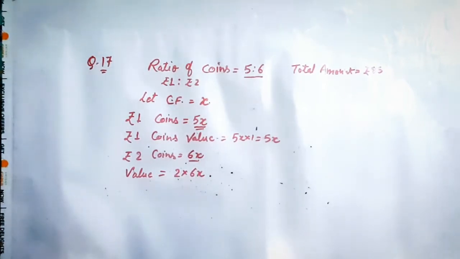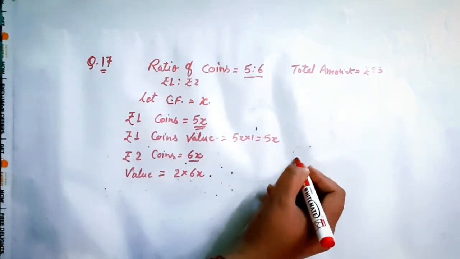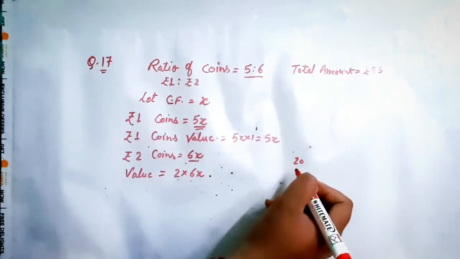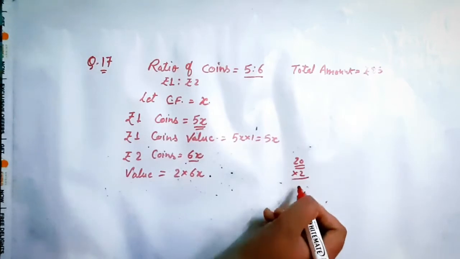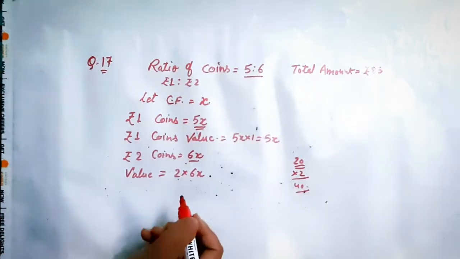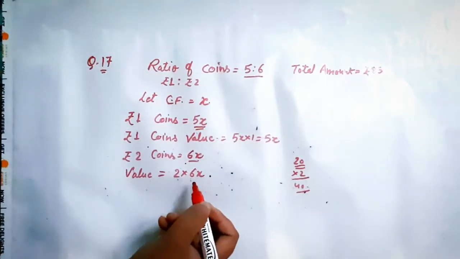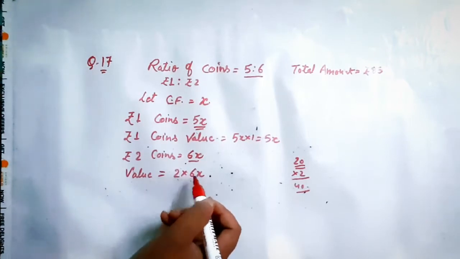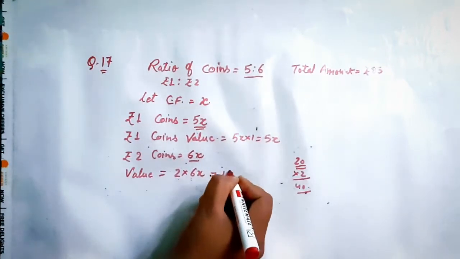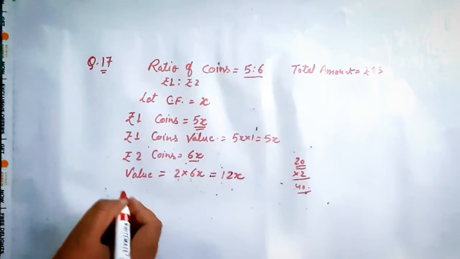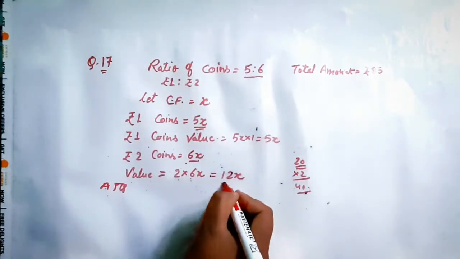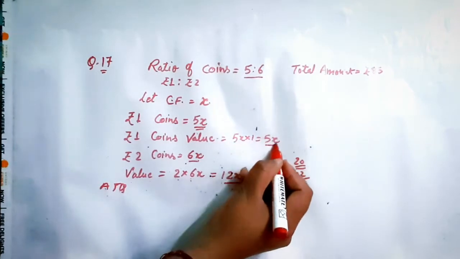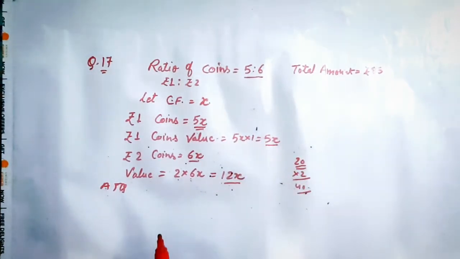Because, for example, if you have 20 two-rupee coins, then their value will be 20 multiplied by 2, which is 40 rupees. So same, we have 6x two-rupee coins, their value will be 2 multiplied by 6x, which is equal to 12x.